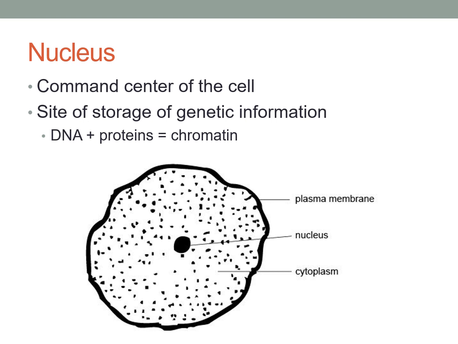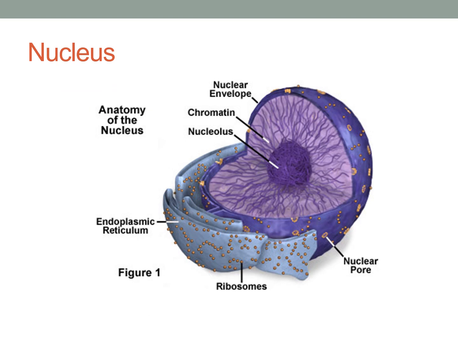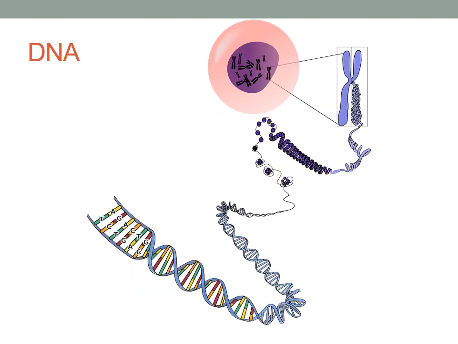Our genetic information is DNA. It's also packaged up with some proteins, so you might see the word chromatin used. The nucleus is this big thing, often in the center of the cell, but not always. We'll meet some cells where it's not in the center.